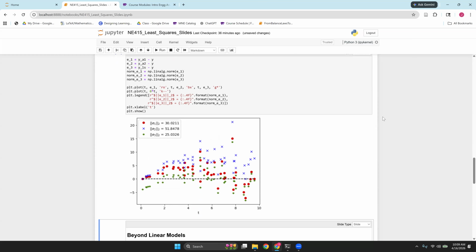So now if we look at what we get in the errors, we can see a pretty major improvement, right? Our L2 norm has gone below what our original one of 30 was, right, down to 25. And if I eyeball those green stars, they are reasonably split half and half above and below the x-axis. So this is an indication that we've done the right thing.